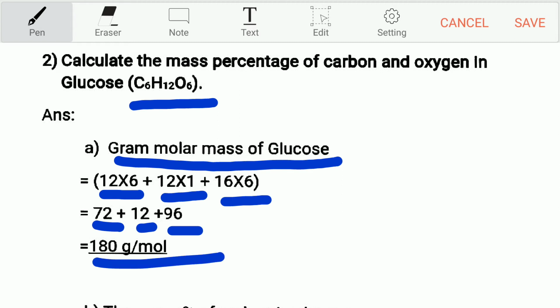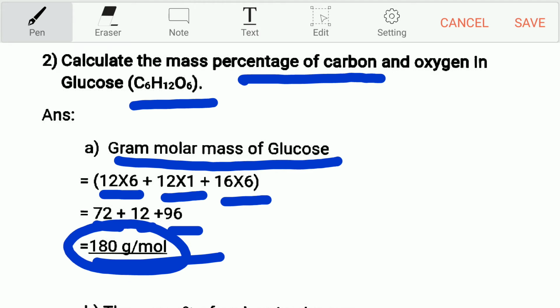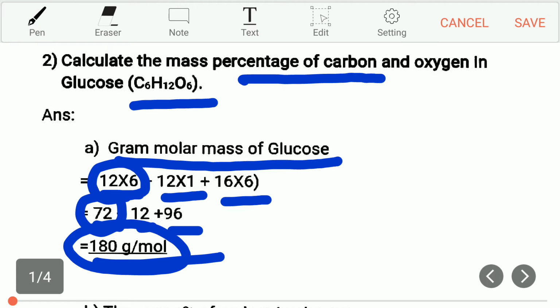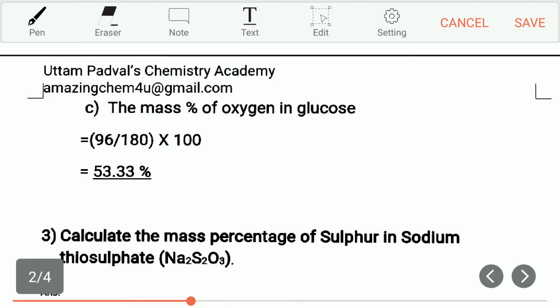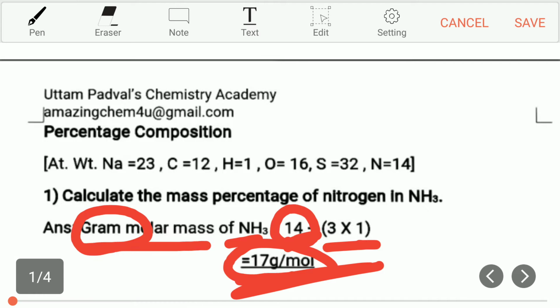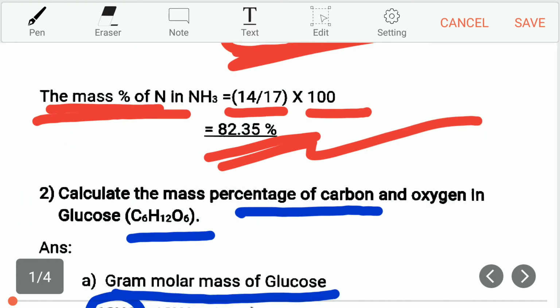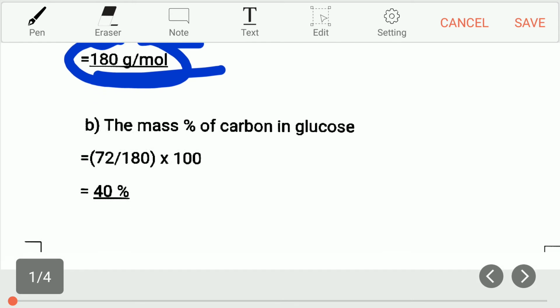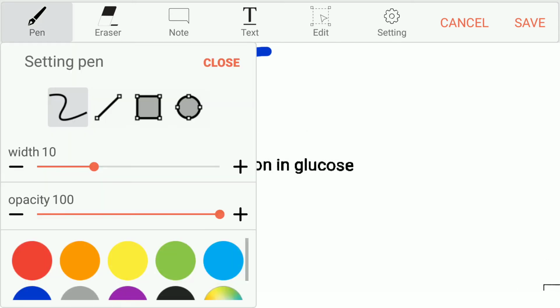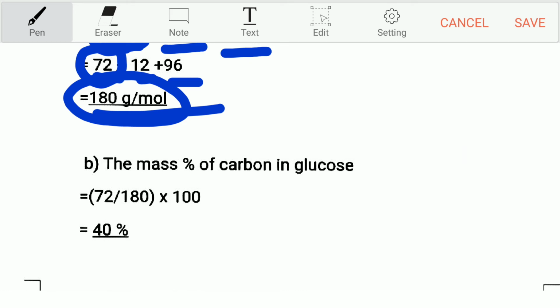Now to calculate mass percentage of carbon, we'll do the second step. Out of this 180 gram, that's the total mass of the molecule, what's the mass of carbon? So carbon has a mass 12 into 6, that is 72 gram. Therefore the mass percentage of carbon in glucose will be 72 divided by 180 into 100, that's 40%.